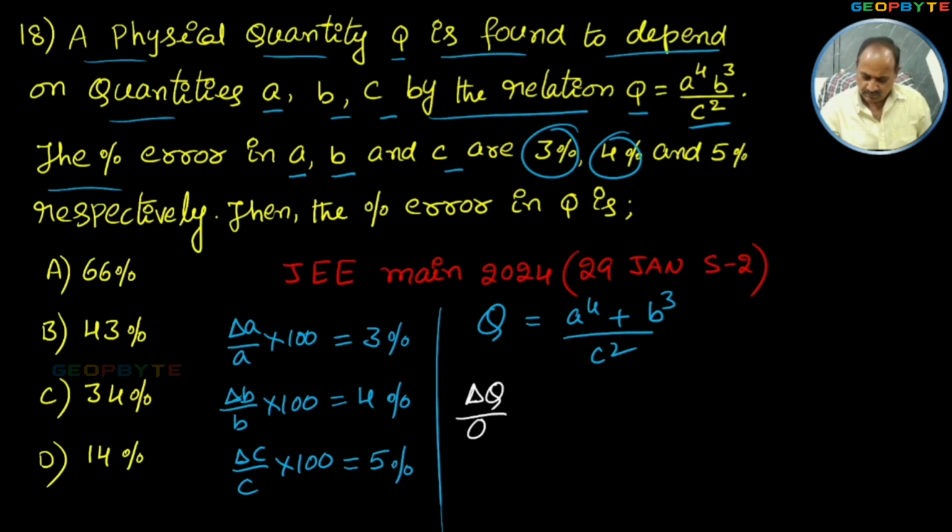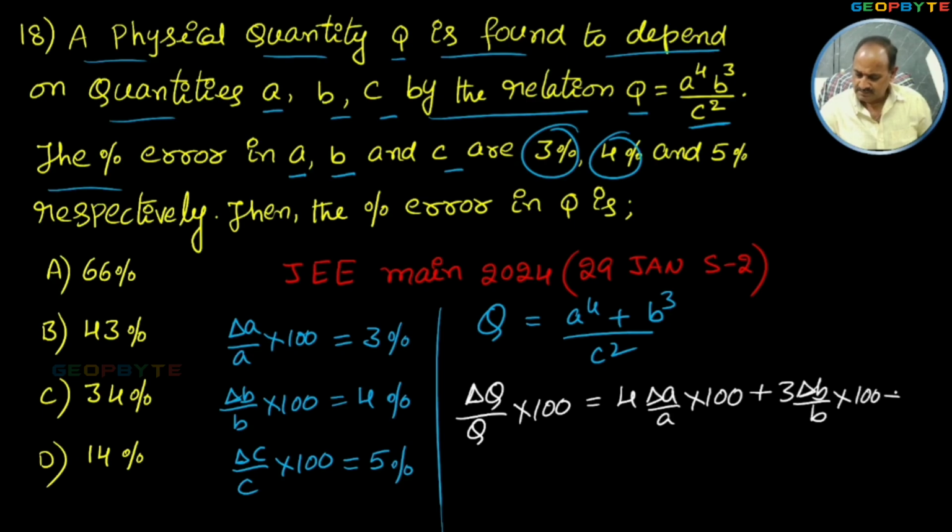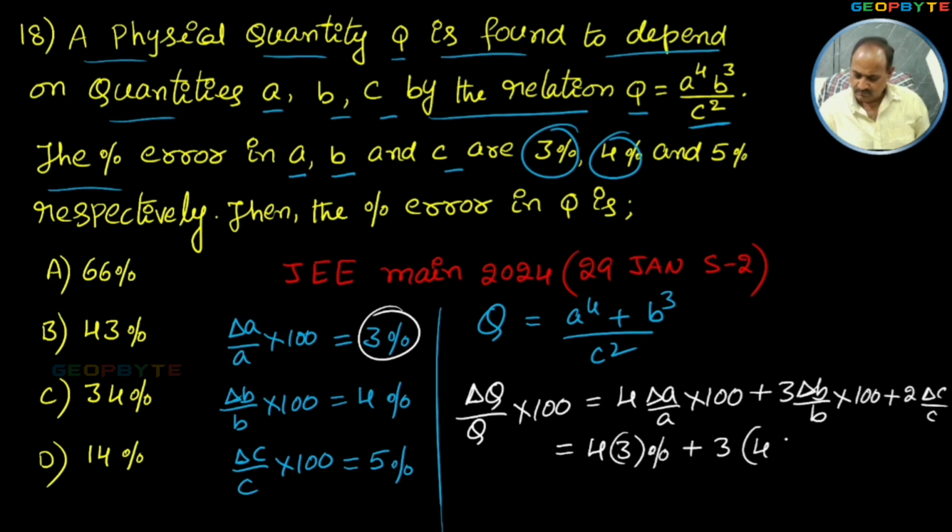ΔQ/Q × 100 is equal to 4 ΔA/A × 100 plus 3 ΔB/B × 100 plus 2 ΔC/C × 100. That is 4 into 3 percent plus 3 into 4 percent plus 2 into 5 percent.